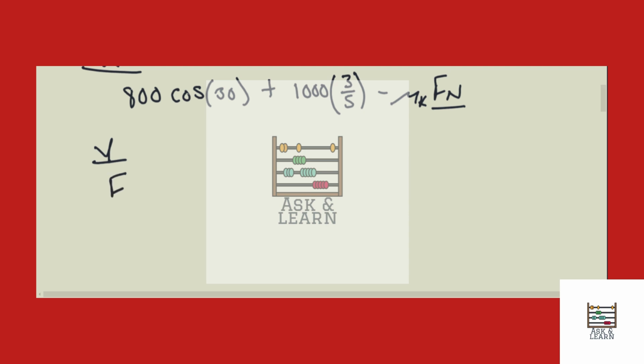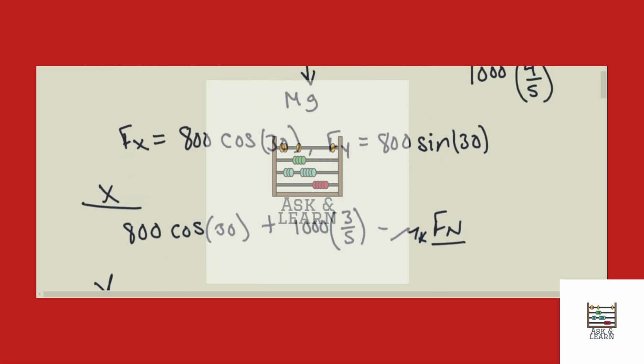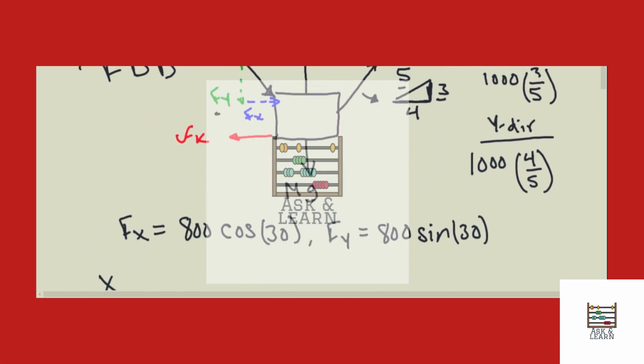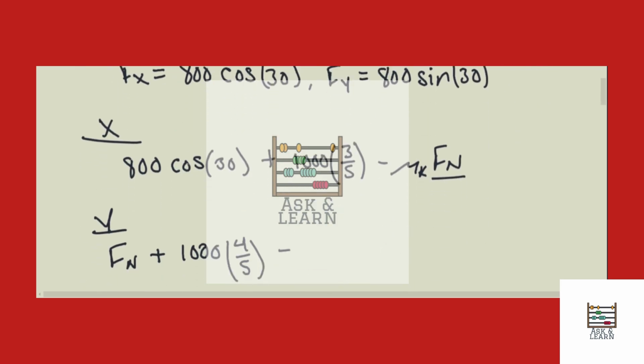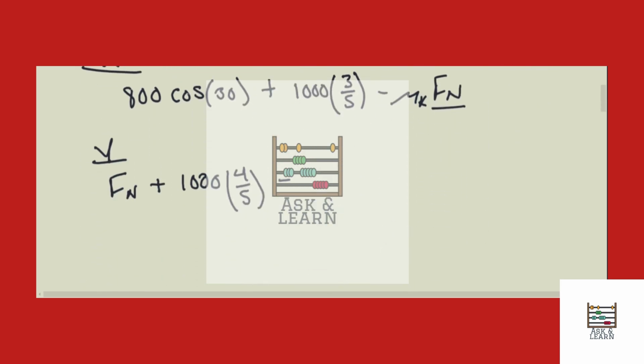F of n is positive, plus from the right side 1,000 times 4/5, minus from the left side, and it's negative because F of y is pointing down, minus 800 sine of 30.